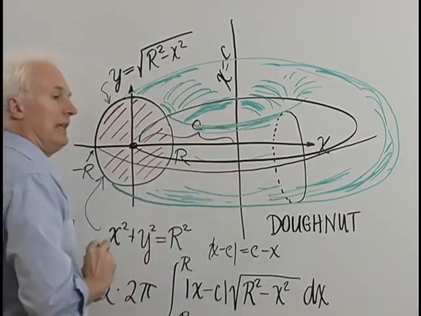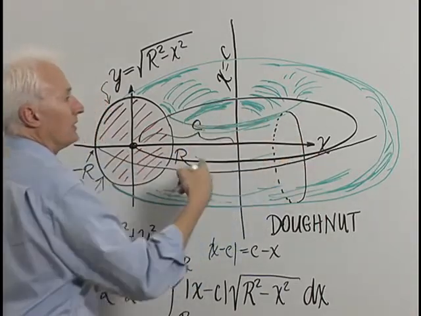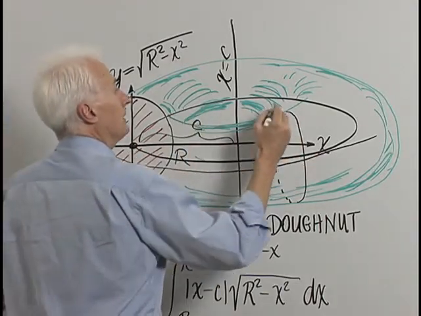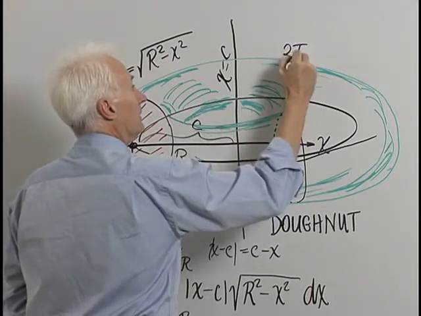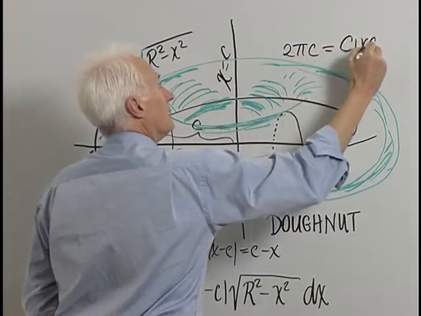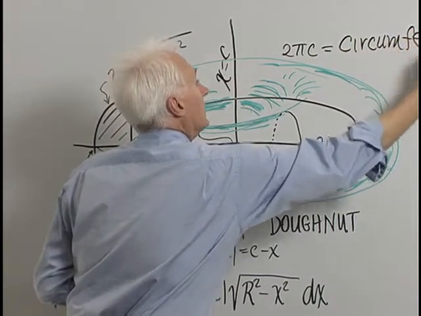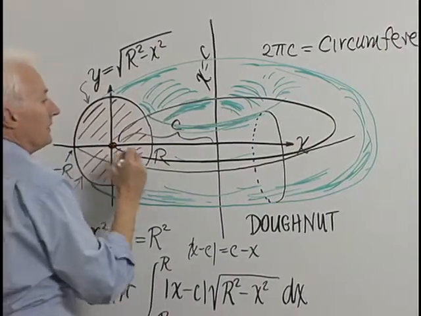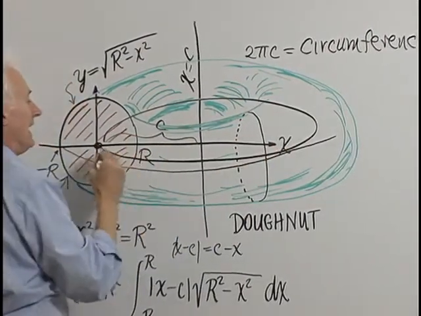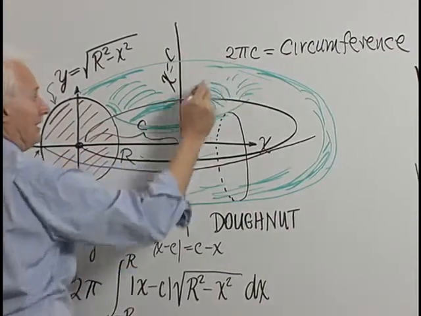That circle has radius c, and so what's the circumference of that circle? It's 2π times c. 2πc is the circumference.